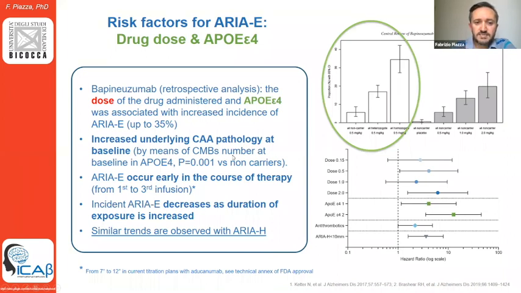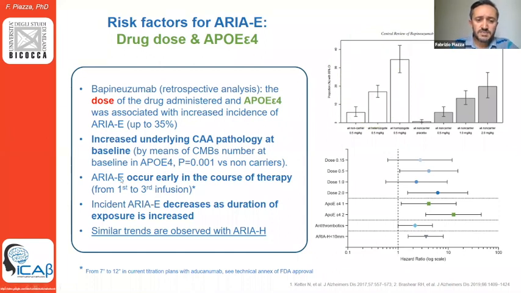Concerning the underlying CAA pathology present at baseline in these patients, even if it has not been very carefully evaluated and reported in all the patients, the authors also found an association between the occurrence of these events and the CAA severity, by means of an increased number of cerebral microbleeds, so the black spots that I showed you, which represent the main markers of CAA.